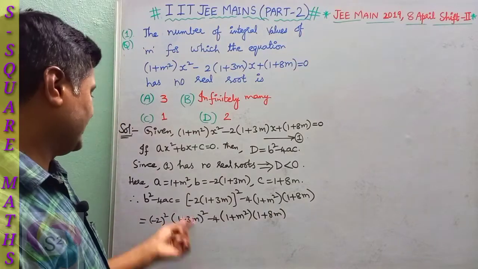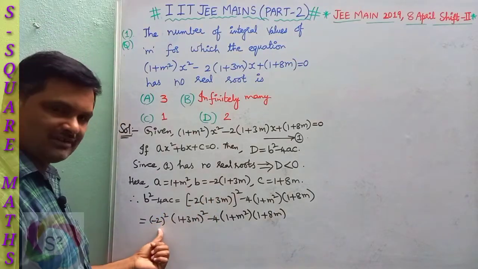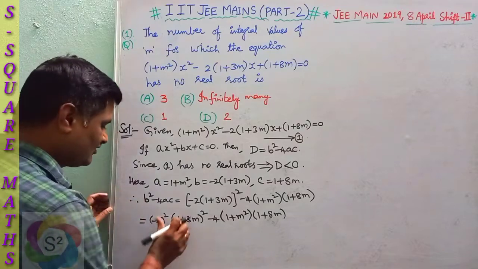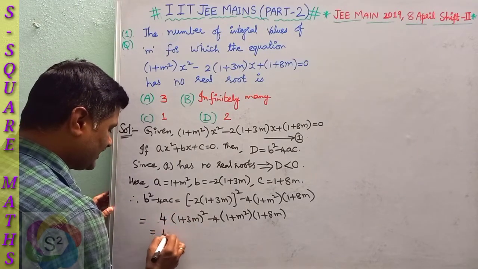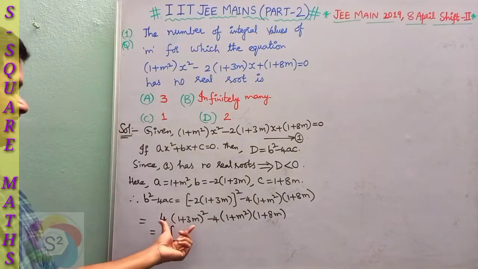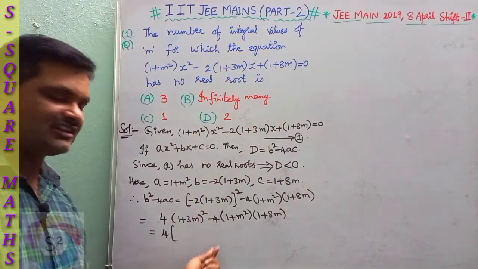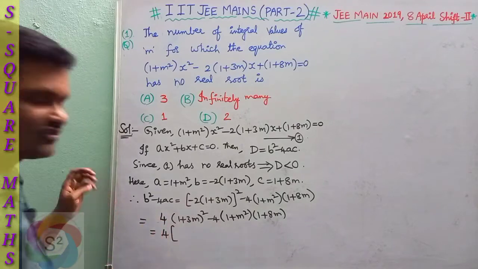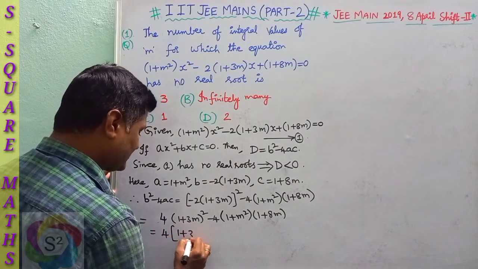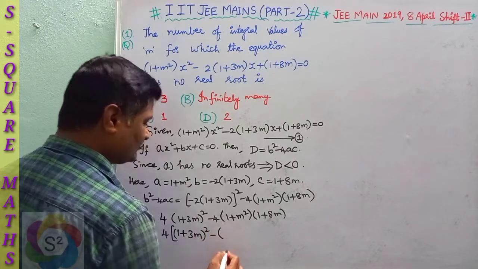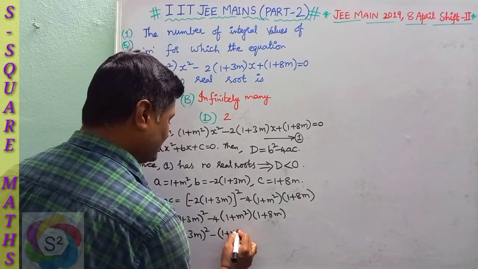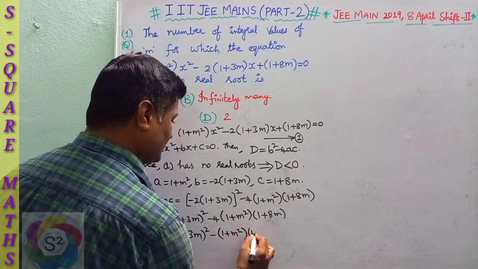Here minus 2 whole square is nothing but plus 4. Since there are two terms, 4 is common. Taking 4 as common, I can write (1 plus 3m) the whole square minus (1 plus m square) into (1 plus 8m).